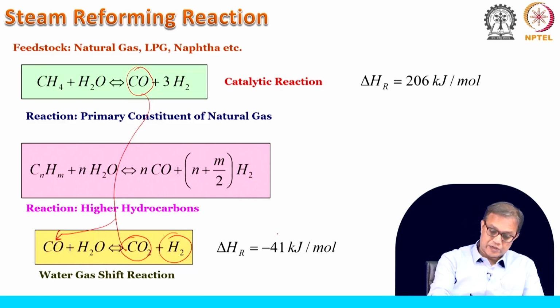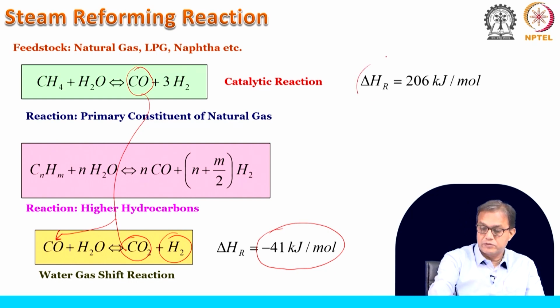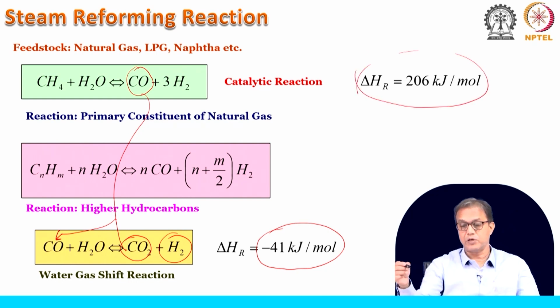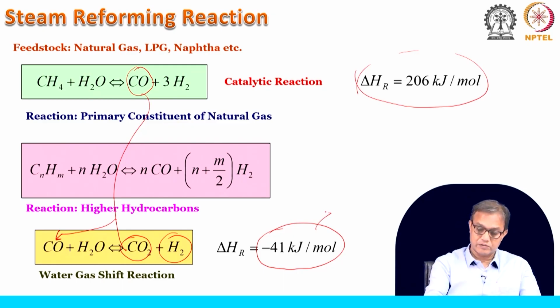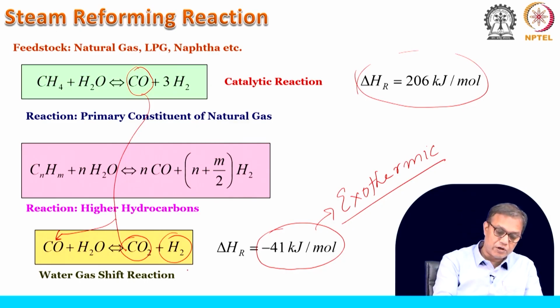It can be understood from the sign of the reaction enthalpy: this is minus 41 kilojoule per mole, whereas the earlier reaction enthalpy is positive, so that is an endothermic reaction and this is an exothermic reaction. It will slightly produce heat, and we call it the water gas shift reaction.